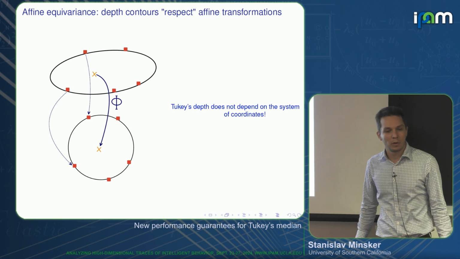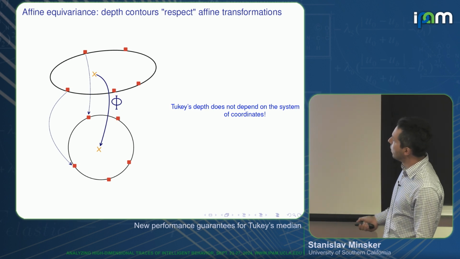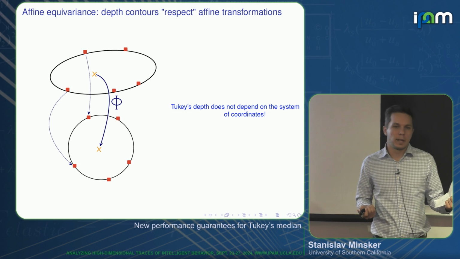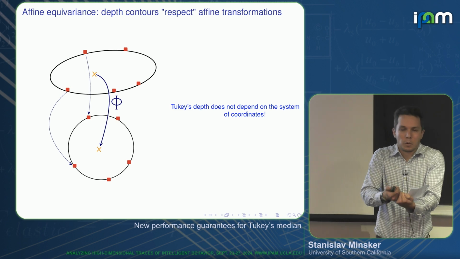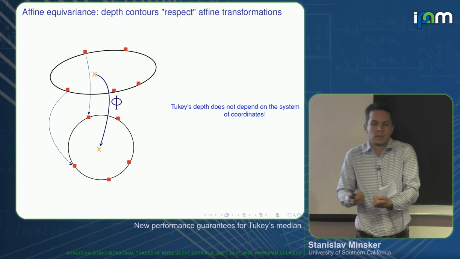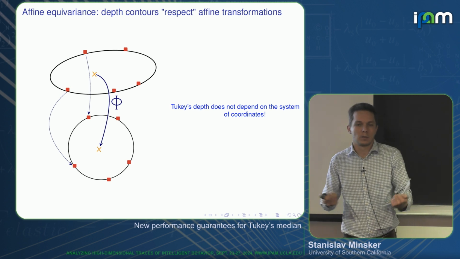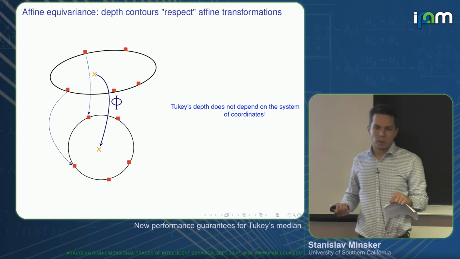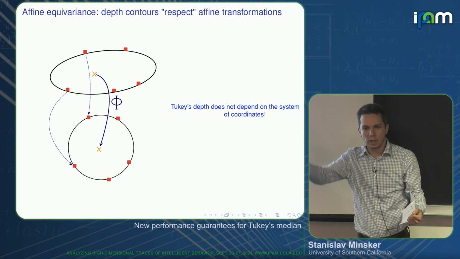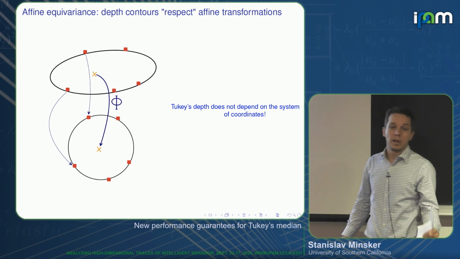This is the property that I have already mentioned before. Basically, affine equivariance means that the depth does not depend on how we choose the basis to represent our data. In particular, in the previous question, it doesn't matter in which basis I represent, or how I choose to represent, each proposition. So I can squeeze them, contract them, rotate them. The depth remains invariant.